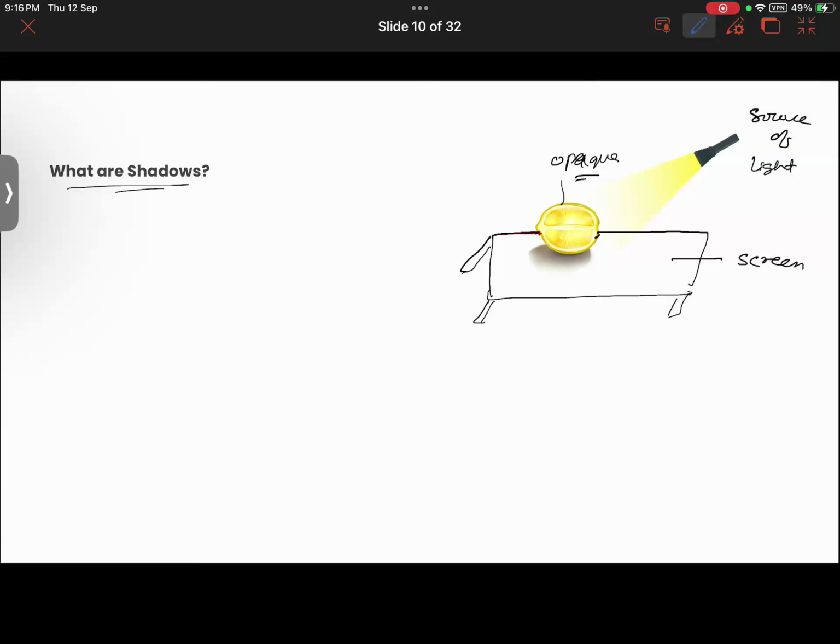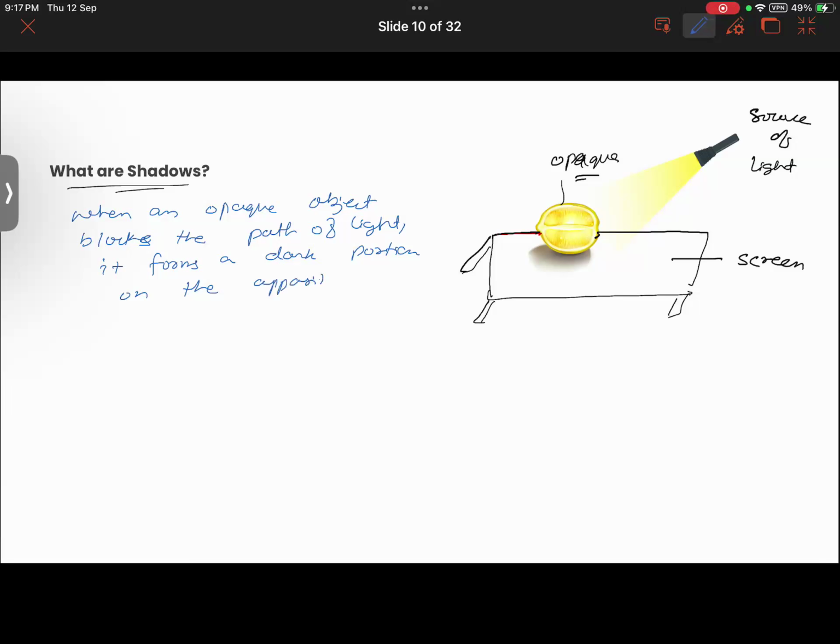Talking about the property, let me just define this. What we have done is that when an opaque object blocks the path of light, then it forms a dark portion on the opposite side of the object.